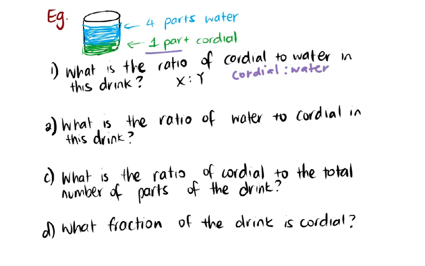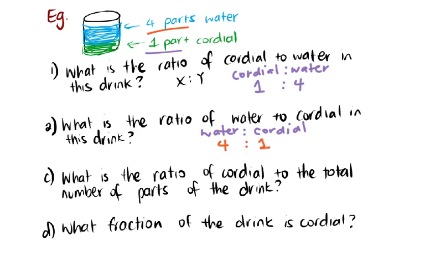So we can see that there's 1 part of cordial to 4 parts of water, and that's how you write the first answer. Question 2 asks, what is the ratio of water to cordial? So this time we want water, 2 little dots, to cordial. So we can see here that there are 4 parts of water to 1 part of cordial.